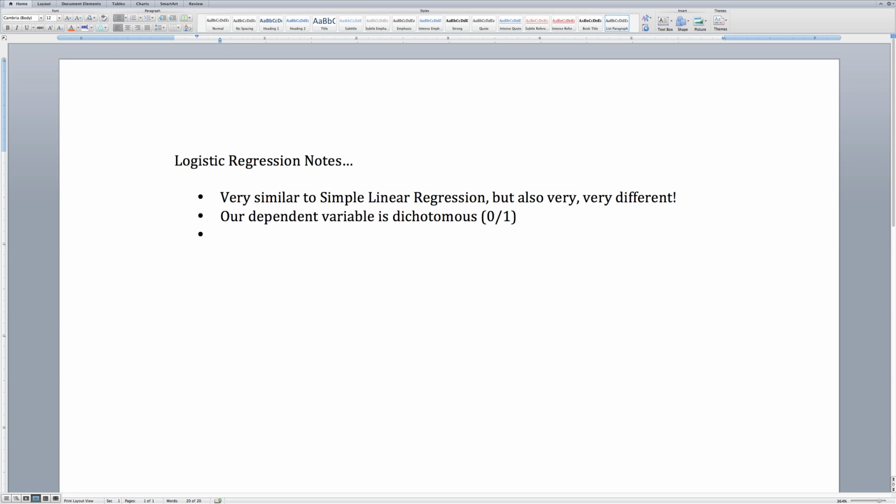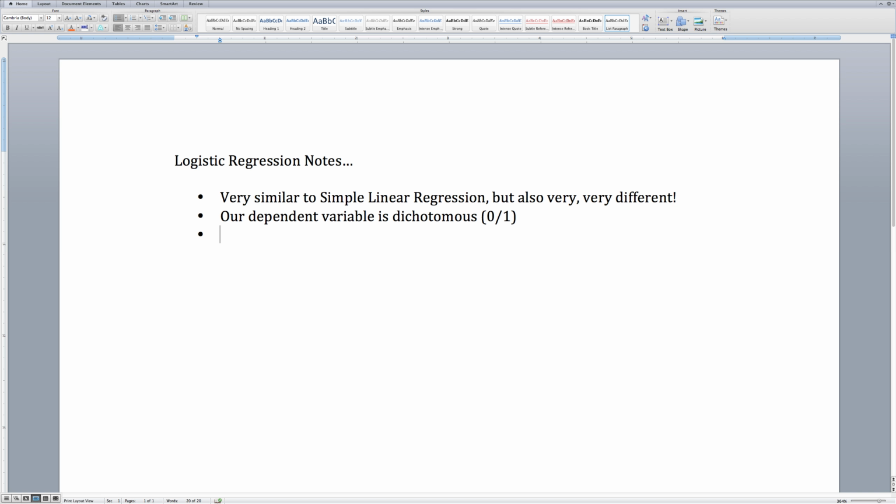So our dichotomous variable there would be vote versus did not vote. Maybe from the educational perspective, we would want to know why some people complete their degrees and some people don't. Again, we have a two-outcome situation where people complete their degree or they don't.